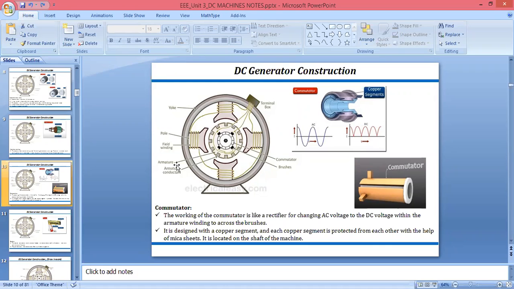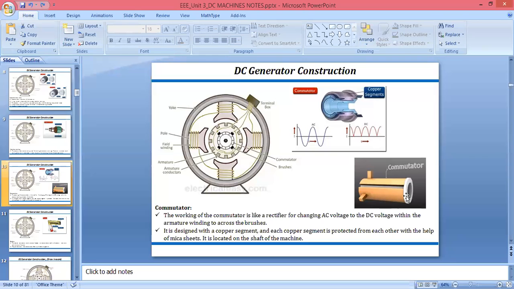It can convert AC voltage into the DC voltage, and it will be made up of the copper segments. You can see here commutator we are making from copper because it is a good conductor. So each copper segment will be insulated from each other with the help of mica sheets.